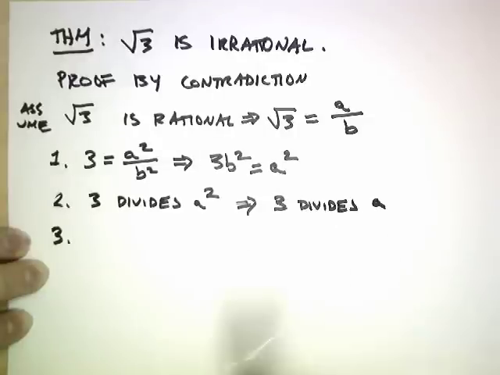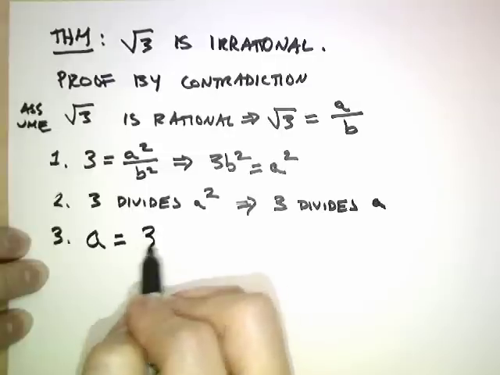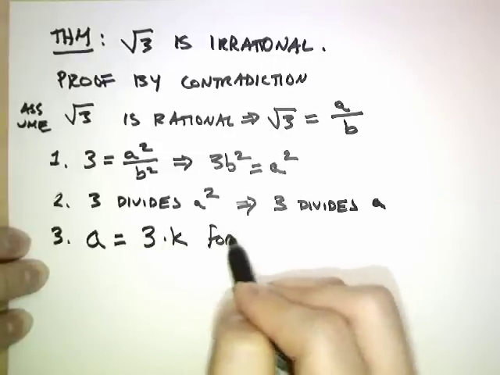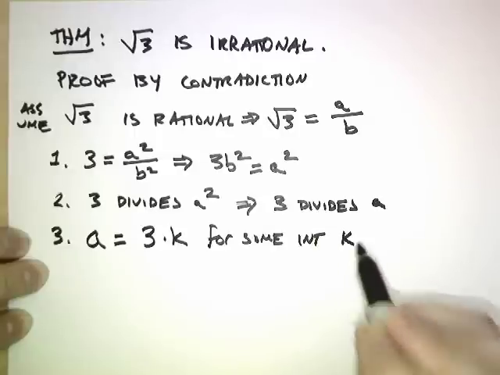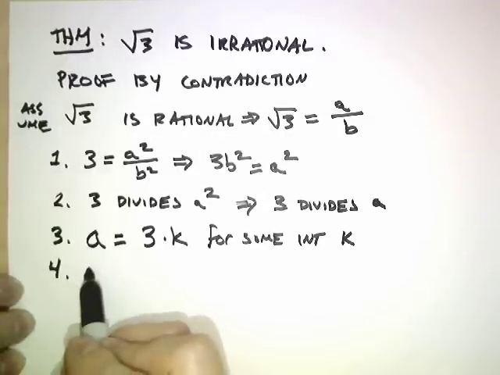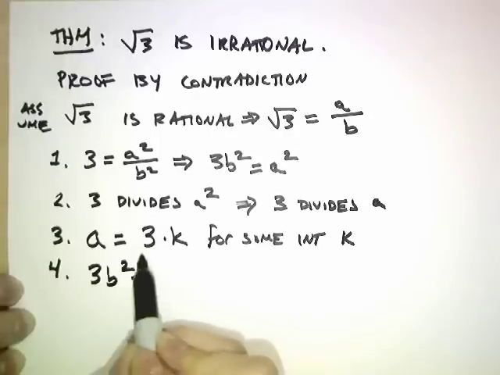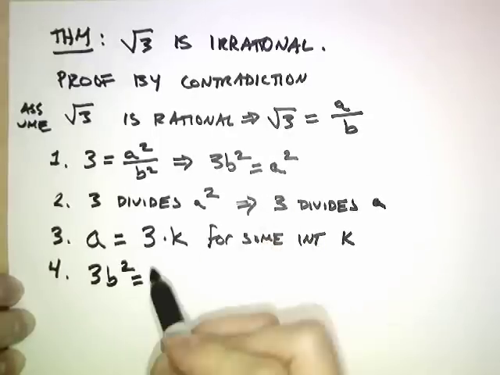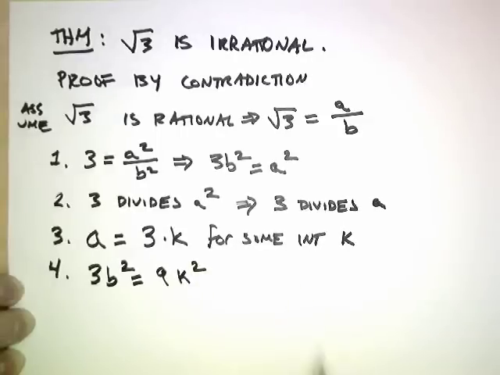Okay, if 3 divides a, it means that a can be written in the form 3 times k for some integer k. This means that 3b squared equals, now I'm substituting 3k in for a, 9k squared.